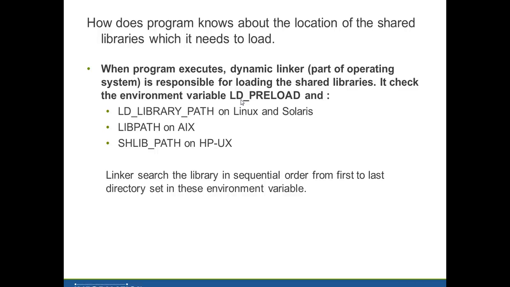In these variables, we can specify the location of the directory where our desired library resides. There can be multiple entries in that, separated by a colon. And when the dynamic linker searches through the directories, it does so sequentially. I'll show you how.